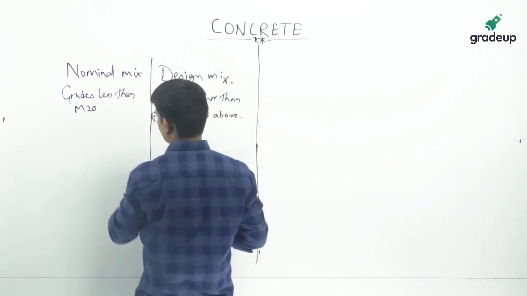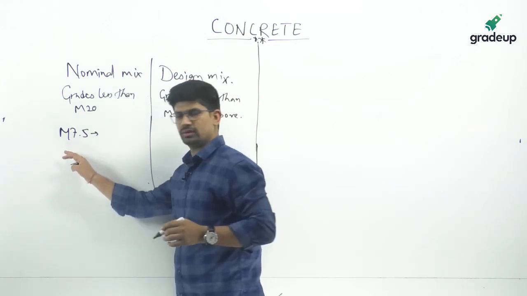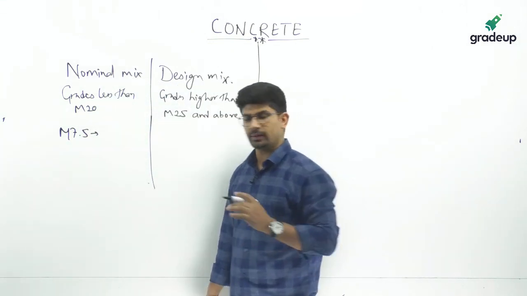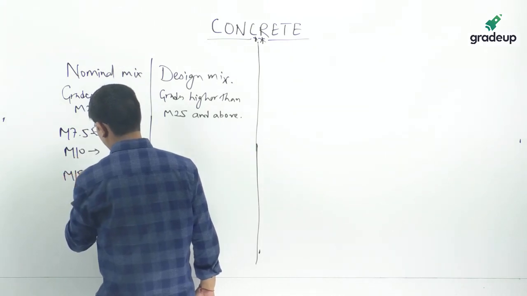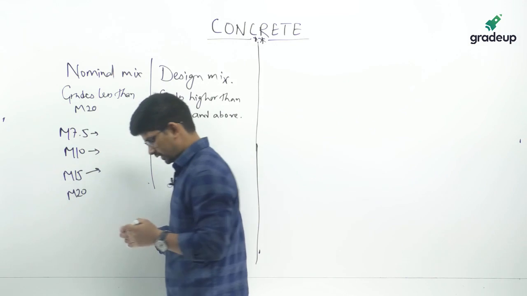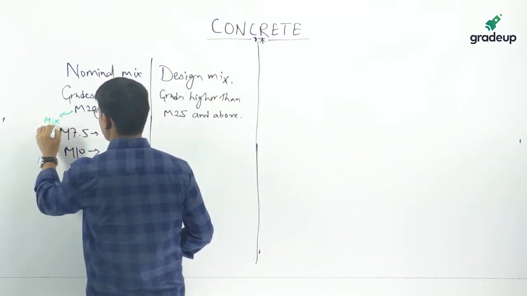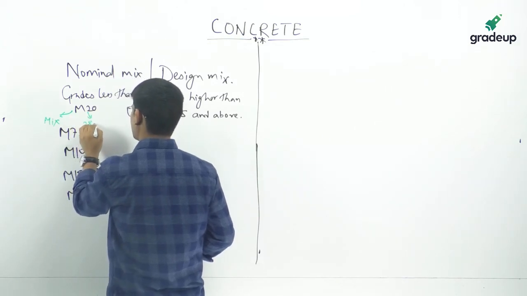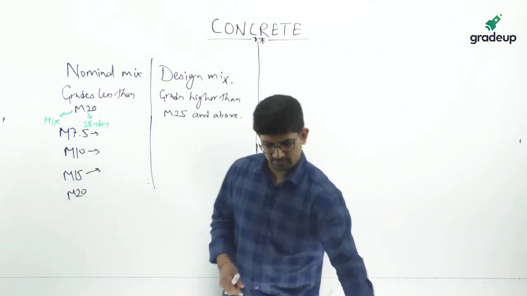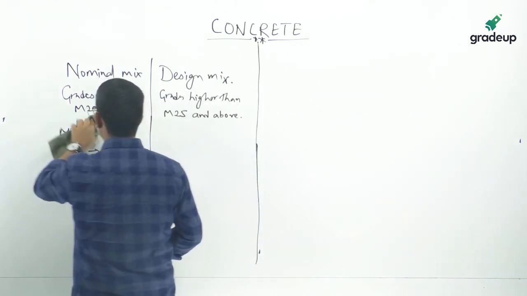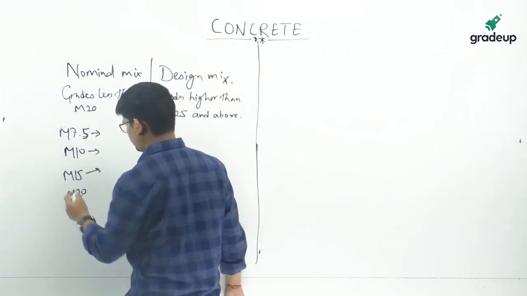Nominal mixes are generally M7.5, which is now rarely used and only used for screening purposes. Then there is M10, M15 and M20. Now as you all know, what does this M signify?